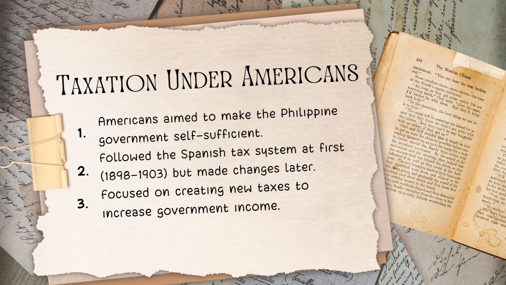From 1898 to 1903 rather, they initially followed the Spanish taxation system but soon found it inadequate due to its outdated and very regressive nature. To address this, the American military government suspended certain contracts related to revenue generation, such as opium sales and lottery operations, focusing instead on more structured taxation.